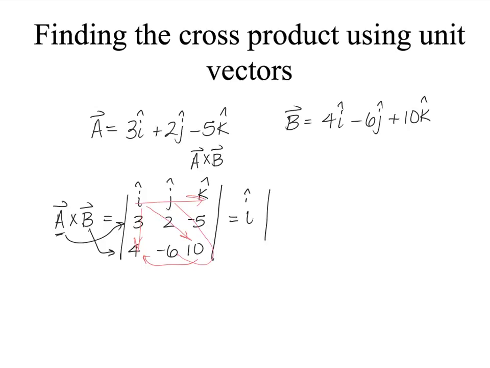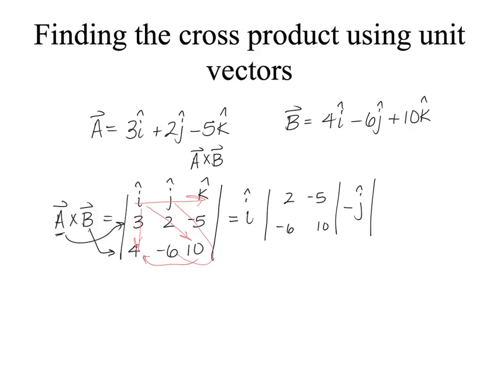And so for the 2 by 2 matrix that accompanies i, we have 2, minus 5, and minus 6, and 10. Then we have a negative j. It's a little math detail, but just remember there's a negative sign in front of the j.